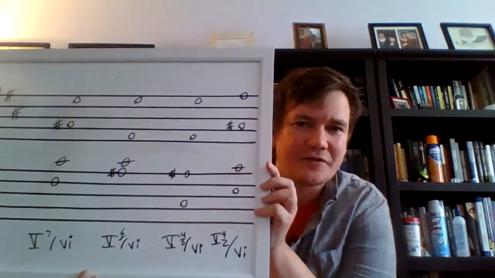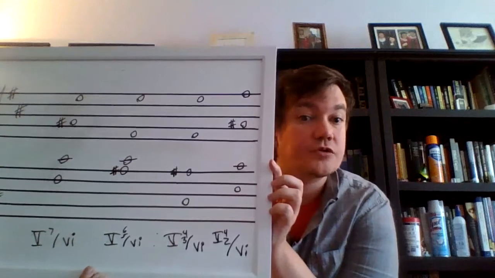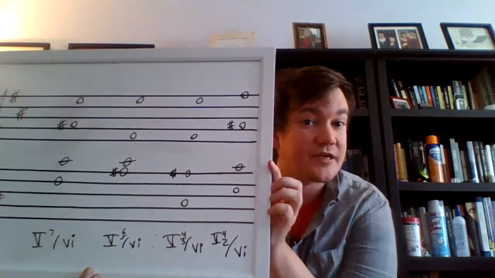So let's write that out. E, let's go back to C sharp, and F sharp. There we go. So we see all the way at the end, I didn't run out of room. I almost did. But that's our 4-2 because it has our 7th in the bass.